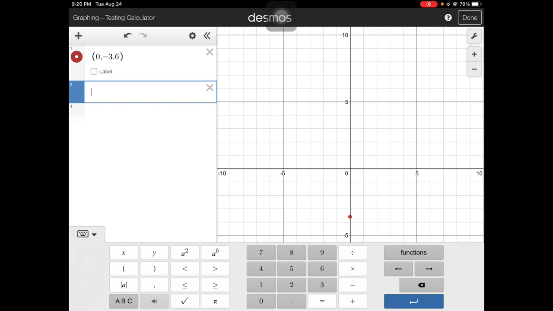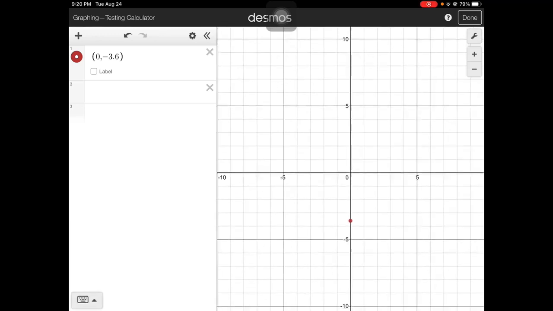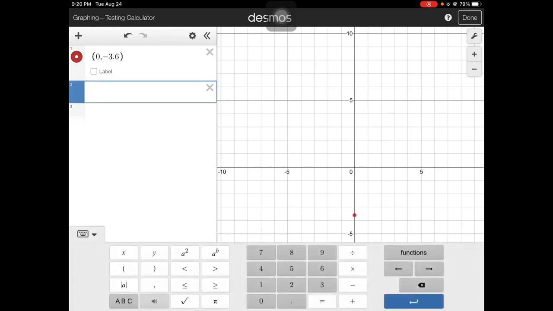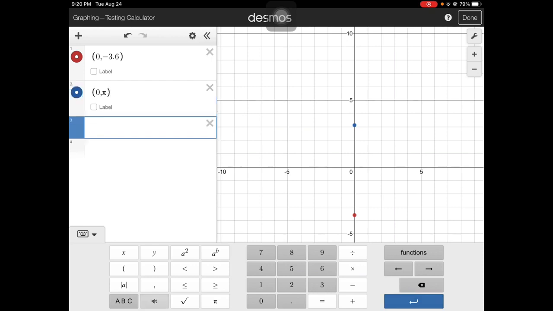And look, right here, it immediately plotted a point down here at the bottom. Okay? I'm going to do the same thing with the next number. Again, parenthesis 0, comma, and then pi was the next number. And see, it shows up now blue.